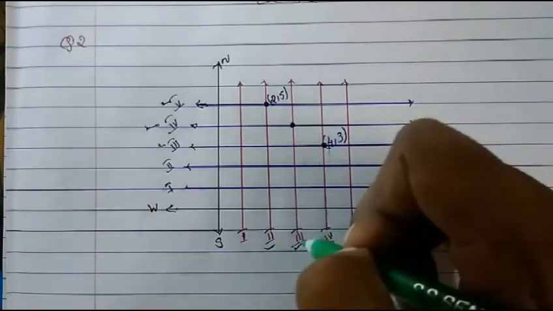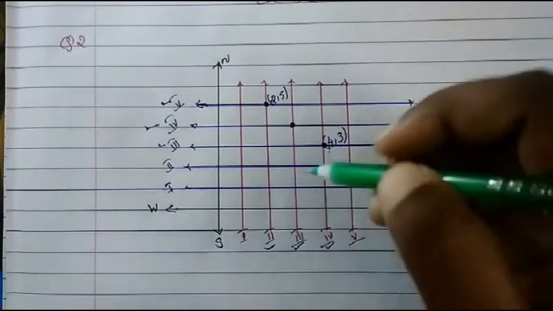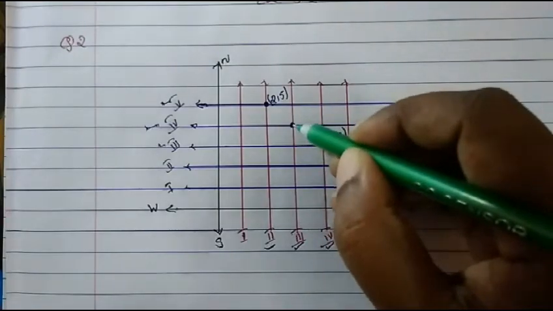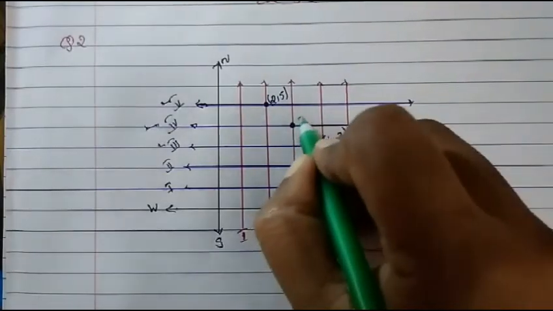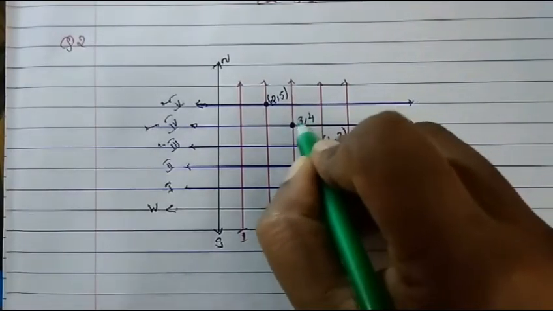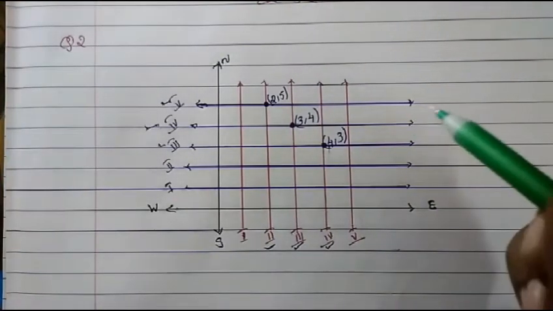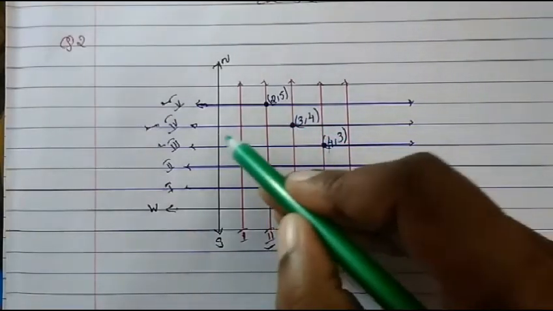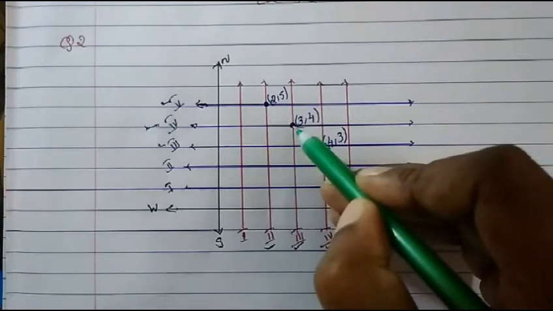So this is a cross street, that is 3, 4. So 3 is running north-south direction, 3 this side, and east-west direction, 4th is this side. So how many streets can be referred to as 3, 4? Only 1 street, because 3 is from here it will come, 4 will come this direction. So there is only 1 cross street which is 3, 4.